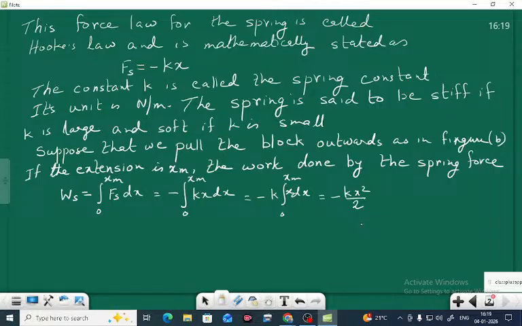The expression may also be obtained by considering the area of the triangle. Here we draw the figure to see how we find the work done. This is the spring force Fs, and this is the displacement.